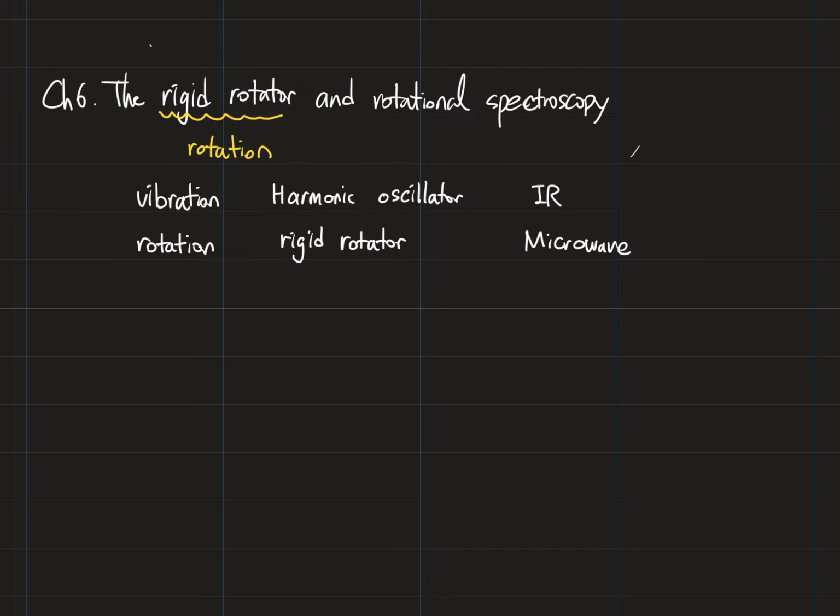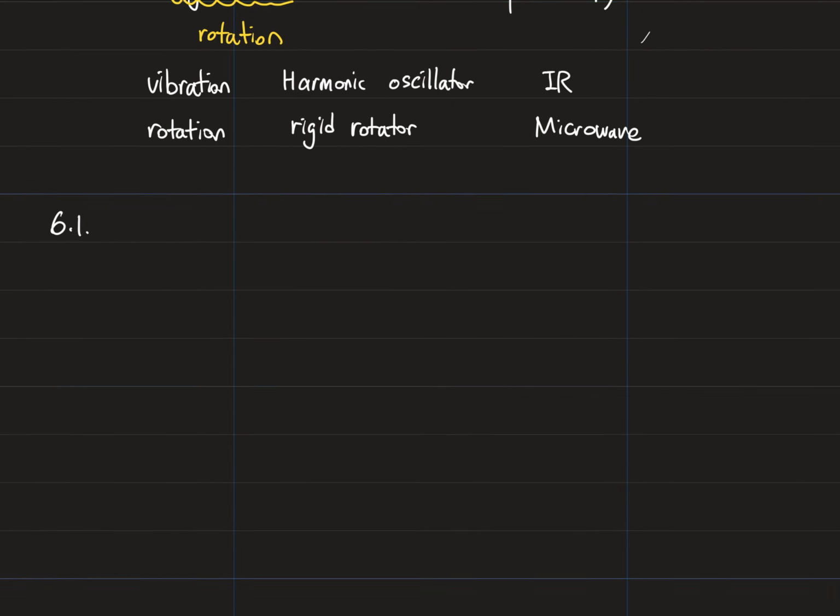Okay, let's start. Section 6.1. The title is the energy levels of the rigid rotator.